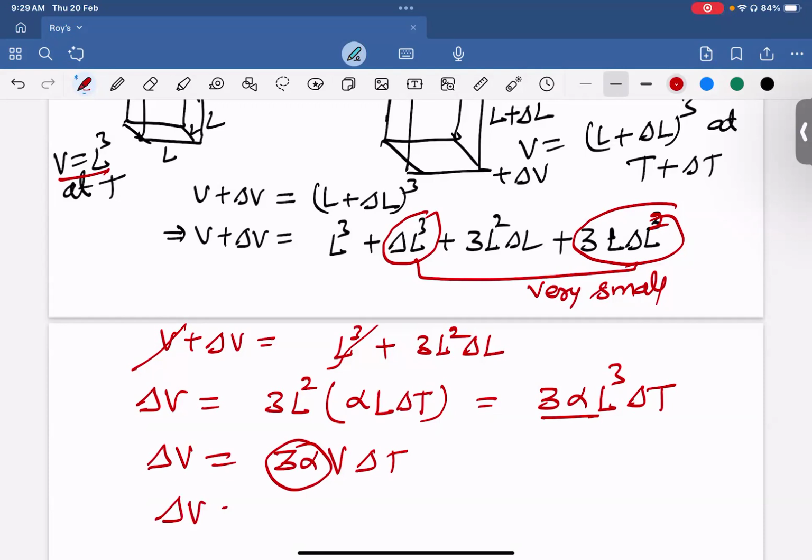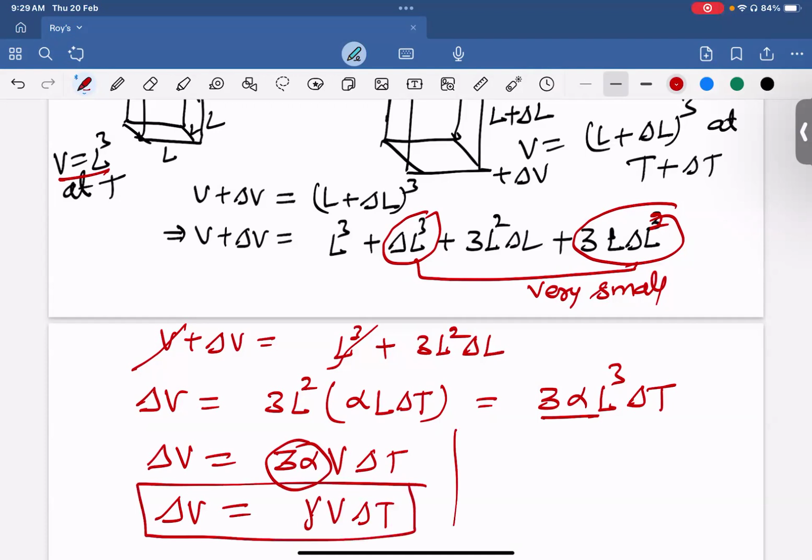So delta V equals gamma, original V, into delta T. So here this gamma, equal to 3 times alpha, is the coefficient for volume expansion.